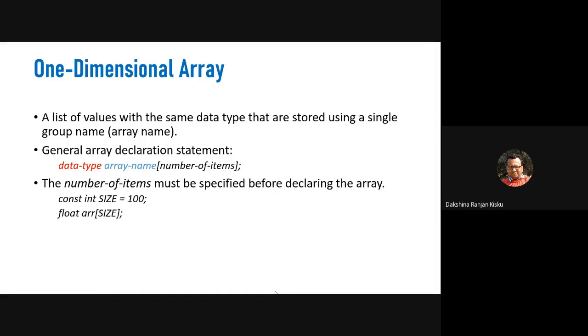If the number of items is specified, then we should declare the array like this: we write const int size, then we write the size of the array, and here the array name is arr, and the type of the elements in the array is float. So here we are using floating point number elements. This is the general format to declare a one dimensional array.